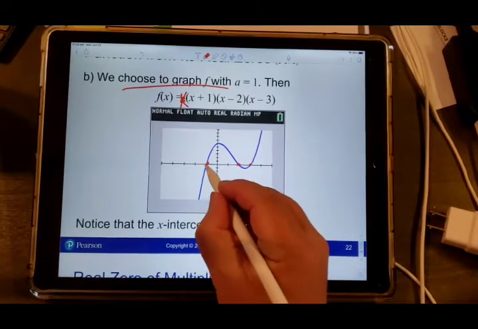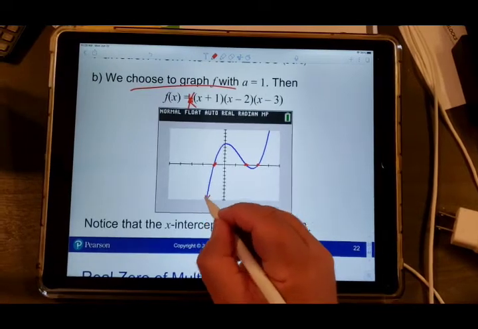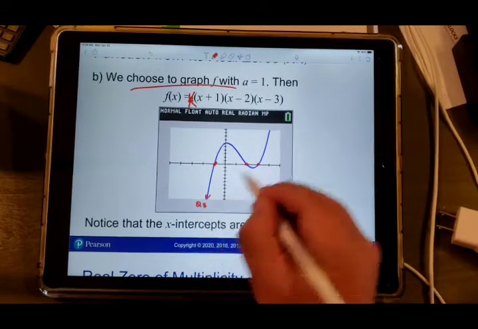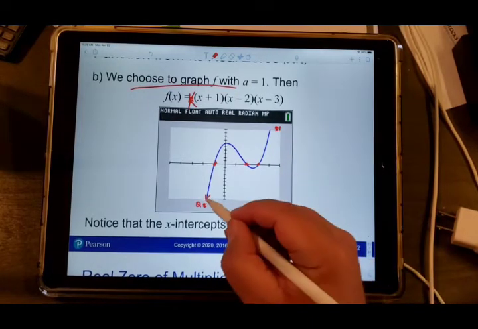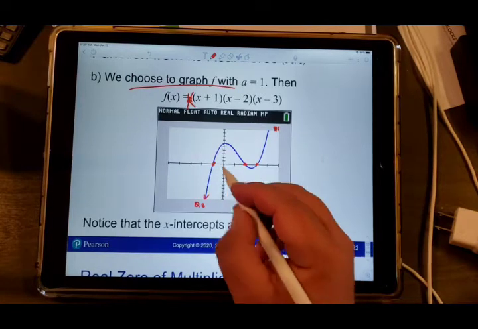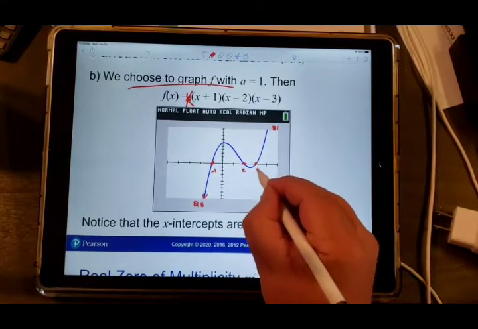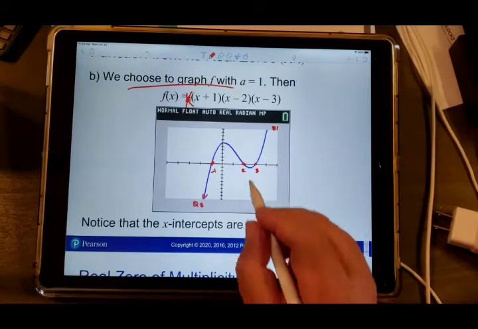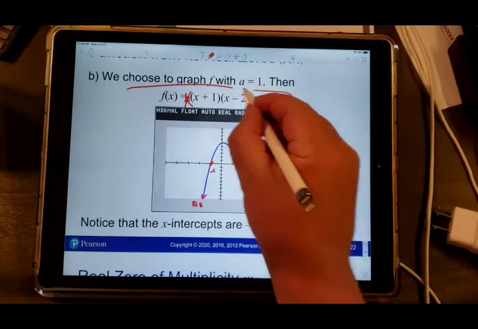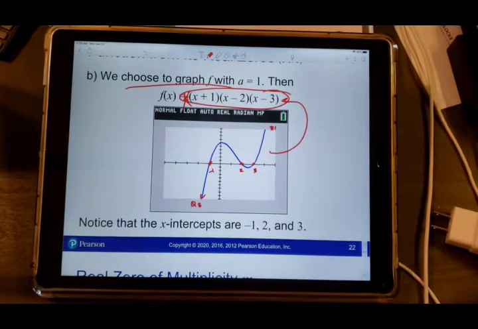Well, it looks like degree 3 or odd degree because of the quadrants it's leaving in. But it also has a 0 or an x-intercept at -1, at 2, at 3. And the question is, could you just take this picture and reconstruct this polynomial? That's another skill we need to develop.